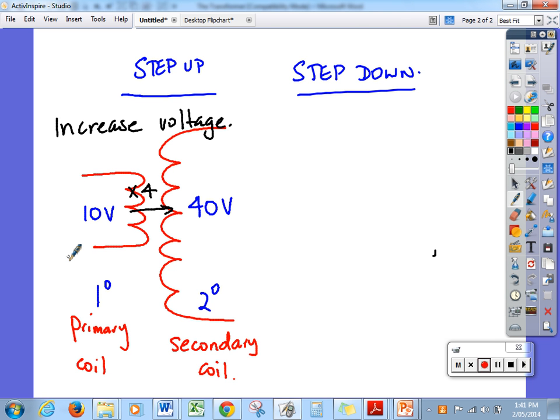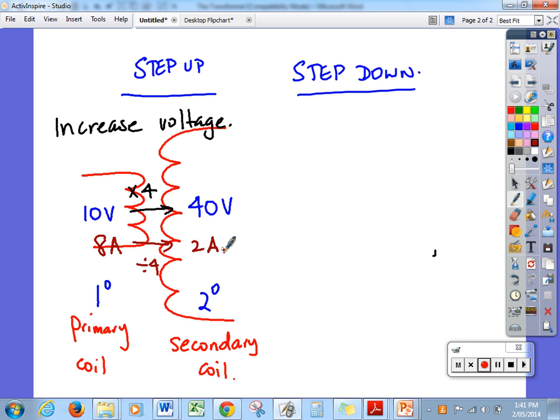What is it? It must be current. Let's say we had 8 amps in this one here, it would decrease to 2 amps.